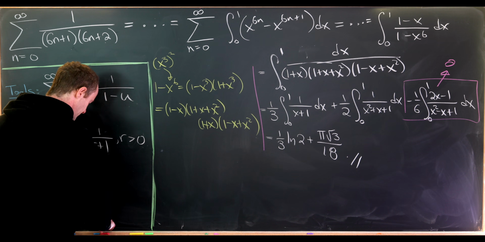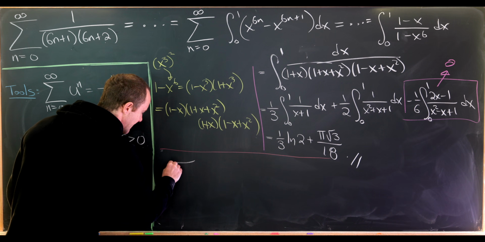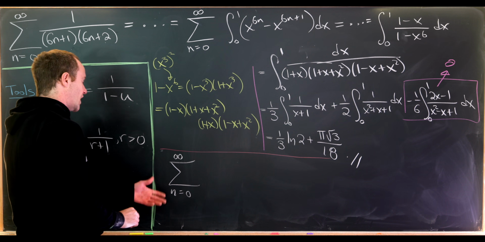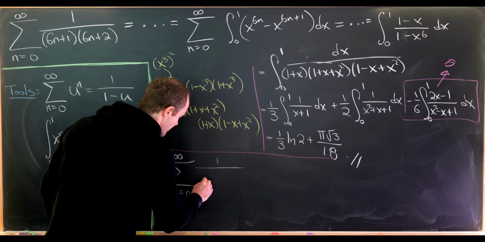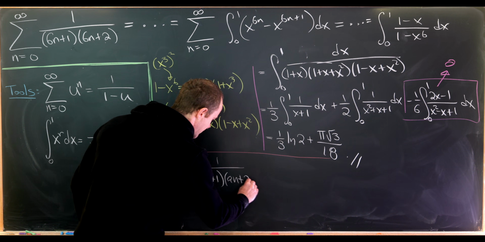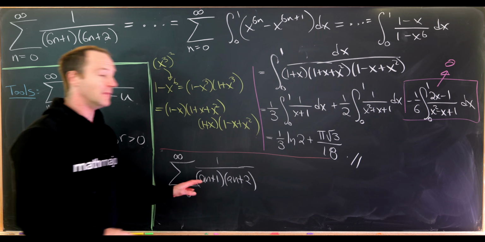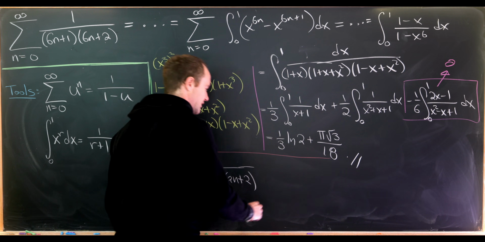And then here's maybe my follow-up question for you, and that is to explore the following sum, which is maybe the logical generalization of these two. Maybe we could have 1 over (an plus 1) times (an plus 2). Some values of a make this nice, but some values of a make this very, very difficult to calculate.